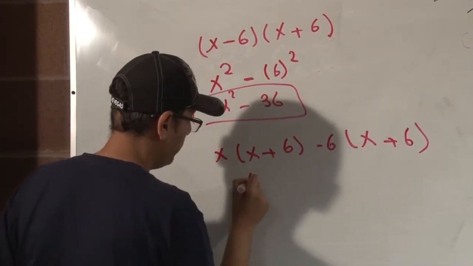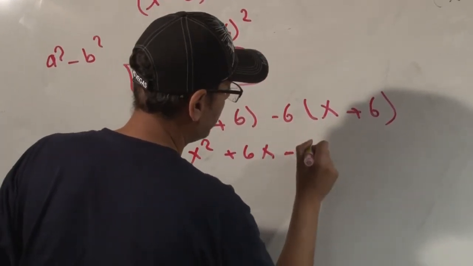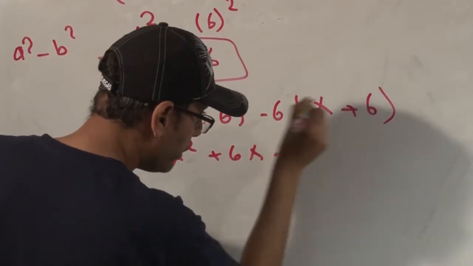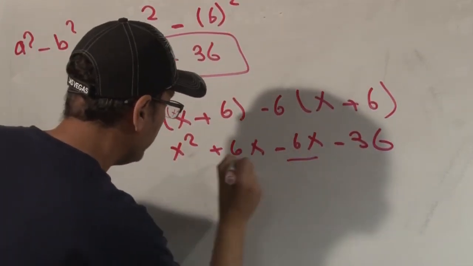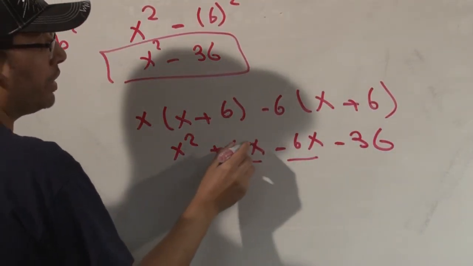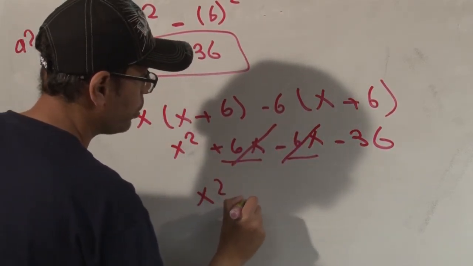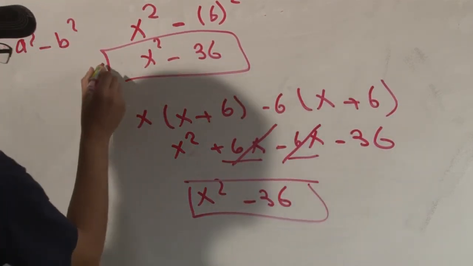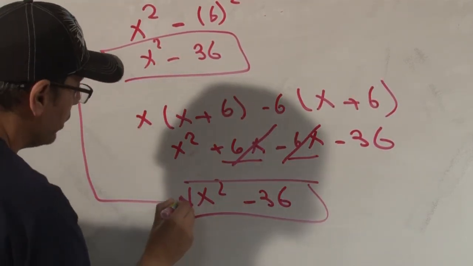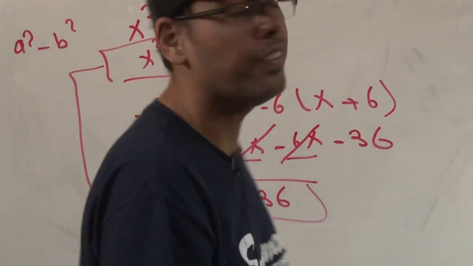We distribute: x squared plus 6x minus 6x, minus times plus is minus 36. Look here and look there. Plus 6x minus 6x cancel out, so my answer is x squared minus 36, the same answer that I got here. And by that, I'm done with this section. Thank you so much.